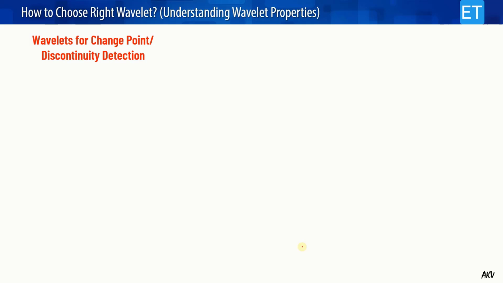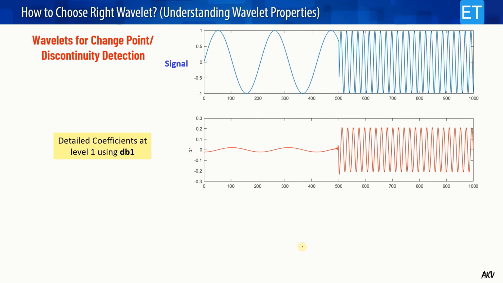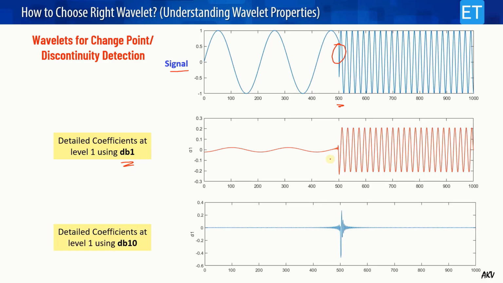Next, you can take another example of a frequency break. Here I have a signal which changes its frequency suddenly at 500. These are the detail coefficients at level 1, which are obtained by the Haar decomposition. Now compare this with this figure. Here these are the detail coefficients at level 1, which are obtained by db10.